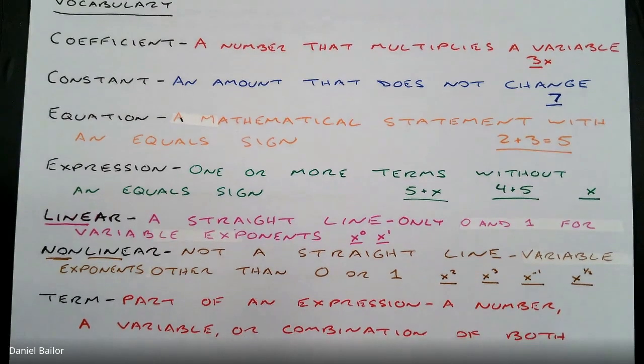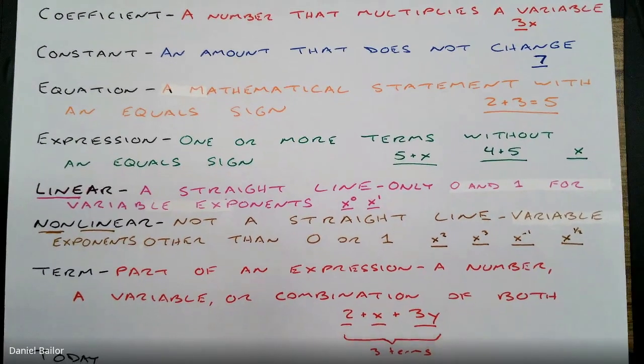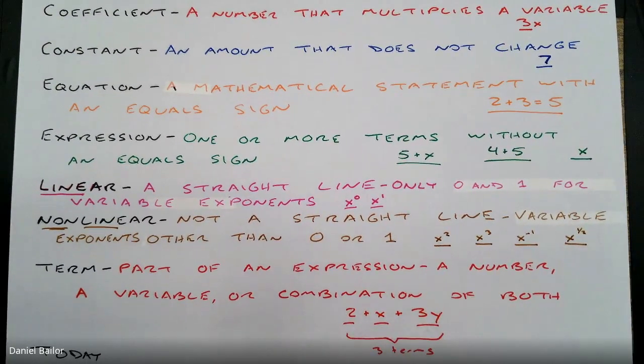So for example, if we have 2 plus x plus 3y, that is an expression with 3 terms. 1, 2, 3 terms. 2 is a term, x is a term, and 3y is a term.